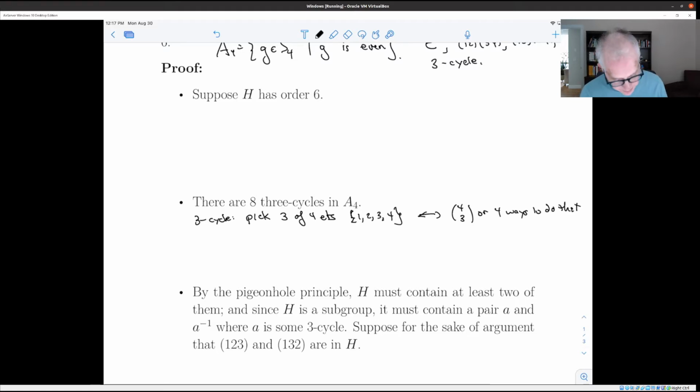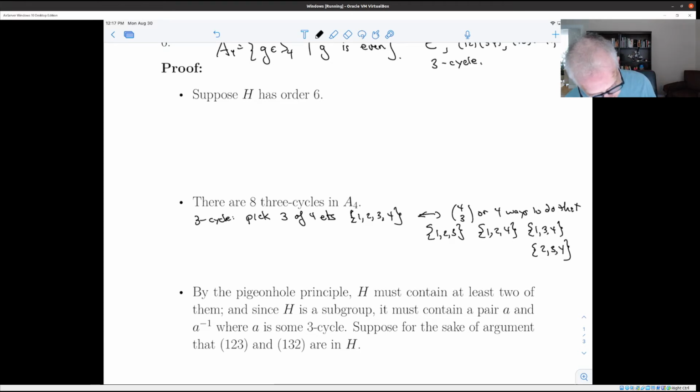So just for instance, these are the subsets like {1, 2, 3}, {1, 2, 4}, {1, 3, 4}, and {2, 3, 4}. And then each of those sets gives rise to 2 3-cycles.